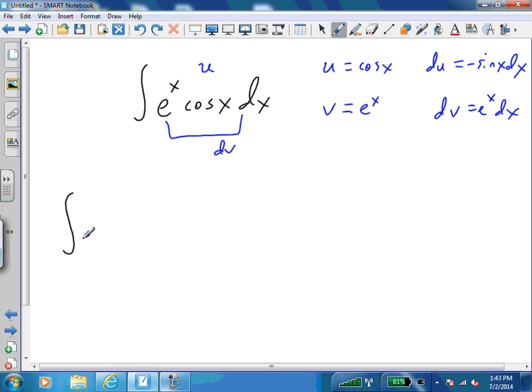So the integral of e to the x cosine x dx is u times v minus the integral of v du.